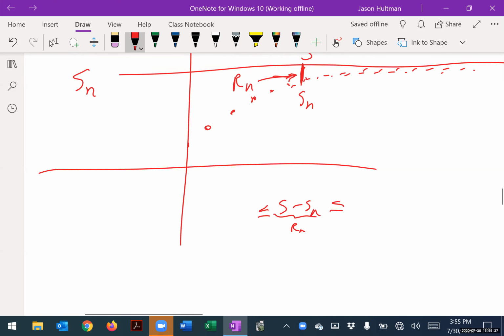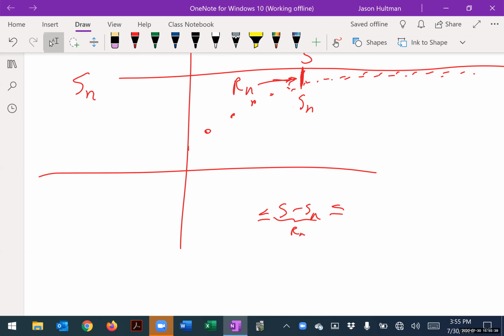Now, let's look at the original function. Maybe the original function looks like this. Okay, this converges. So this is a sub n.